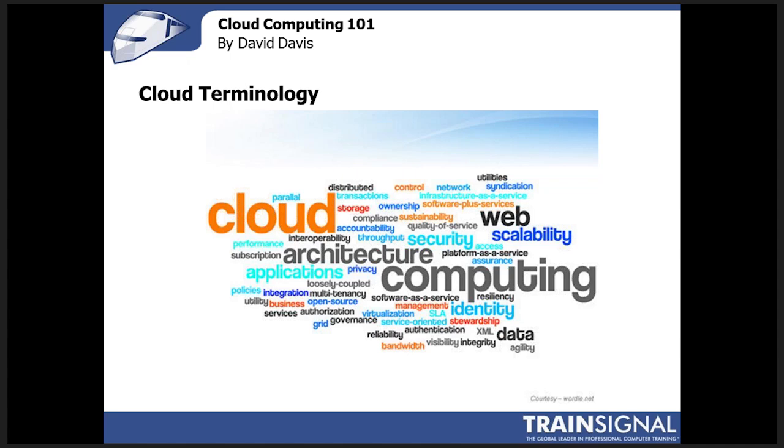So when it comes to the cloud, there are just so many different terms to think about. Cloud architecture, computing, scalability, security, interoperability, utility services, grid computing. In the past, cloud computing may have been called grid computing, hosted services, application service providers.